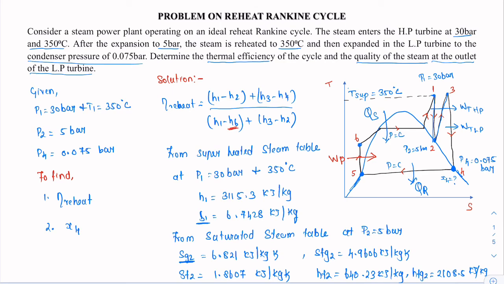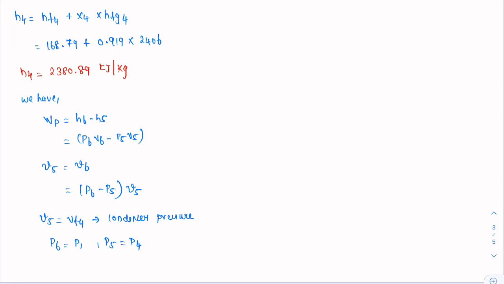Therefore, P4 will be equal to P5. So P6 is equal to P1 and P5 is equal to P4. From this, the value of Wp can be written as P1 minus P4 into Vf4.